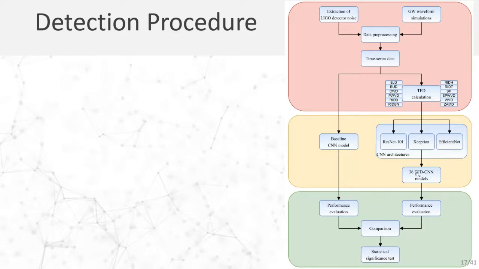In this way, we obtained a total of 36 TFD CNN models, and after training and testing of all these models, we performed evaluation of the obtained performances using several evaluation metrics, and we also compared the obtained performance with the one obtained by the baseline CNN model trained only on the time series data.